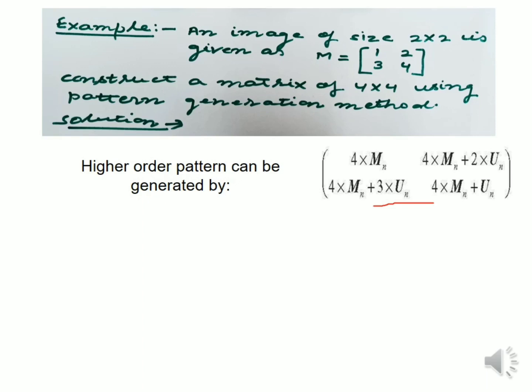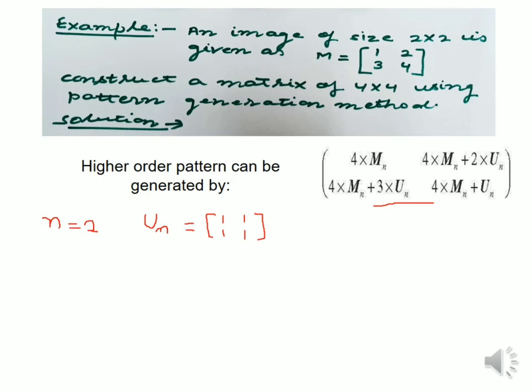Since in this case the value of n is 2, Un, which is the square matrix of size 2 cross 2, can be written as 1, 1, 1 and 1.